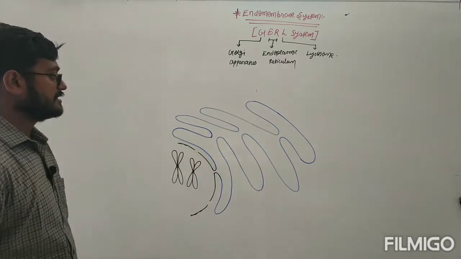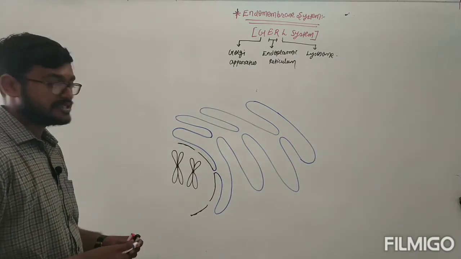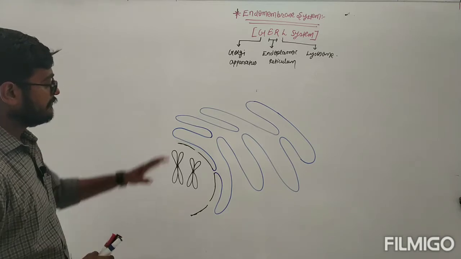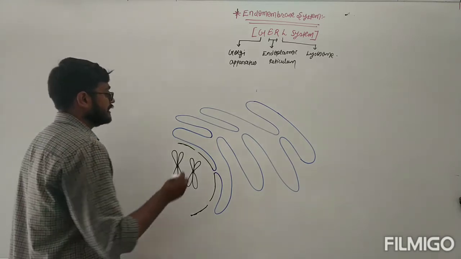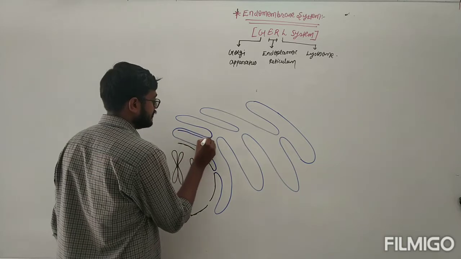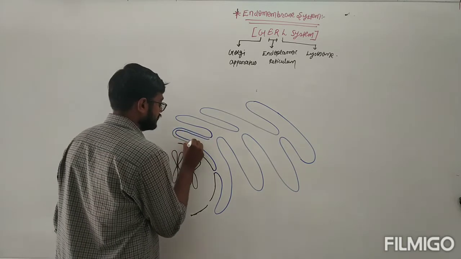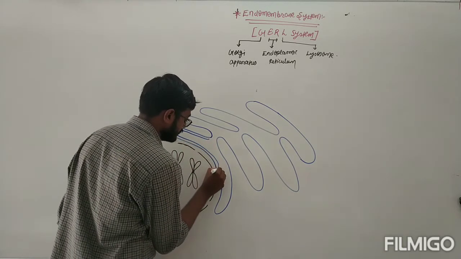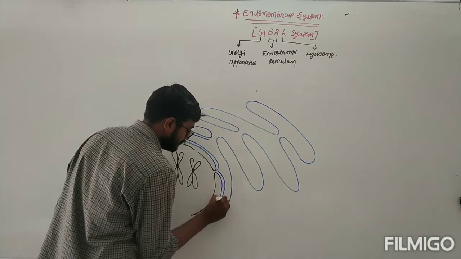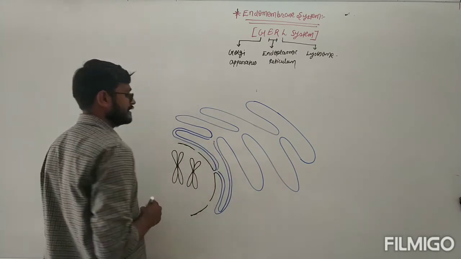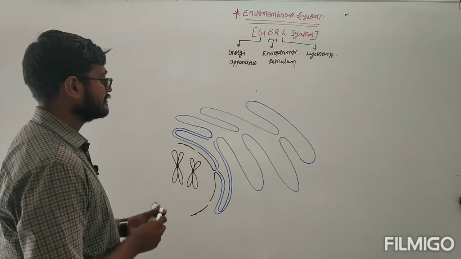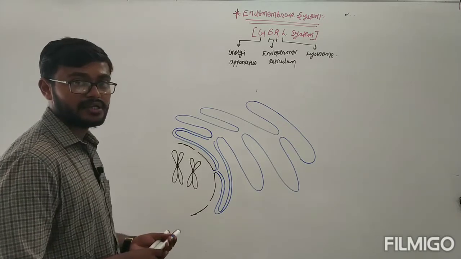Fine, so a specialized group of structures is present over here, and the network-like structure is there. It also has a double membrane. I am just drawing a single one only. And this double membrane structure is nothing but the endoplasmic reticulum.